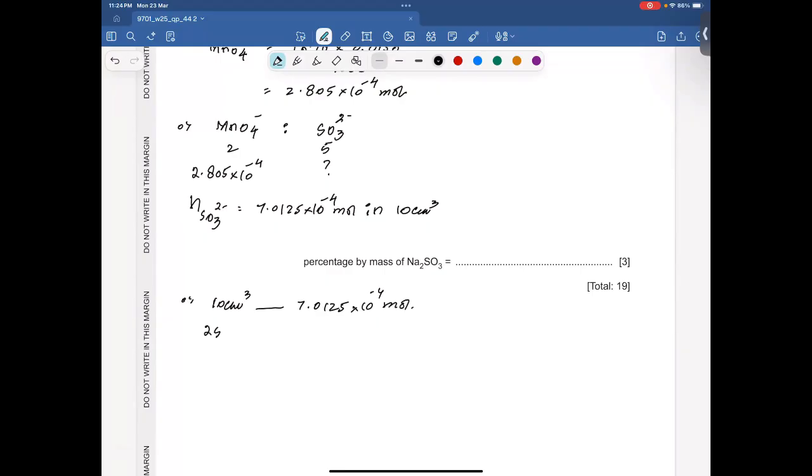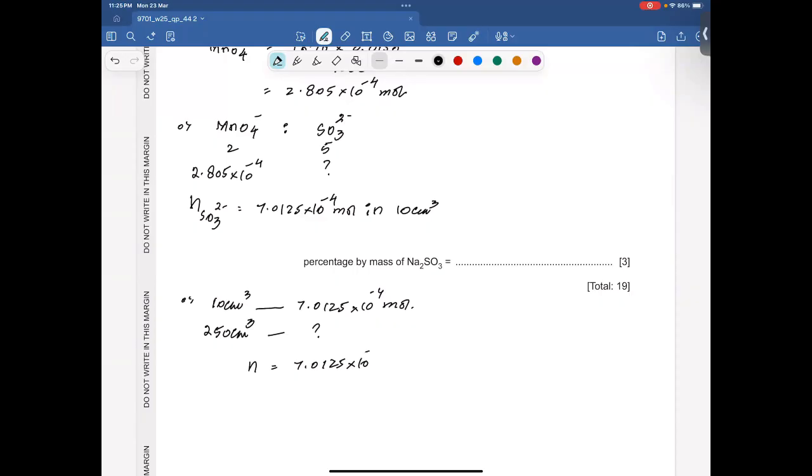So in 250 cm cube, the moles would be how much? 7.0125 into 10 to the power minus 3? Minus 2, I think so. 7.0125 exponent minus 4 into 250 divided by 10. So it's going to be 0.01753.